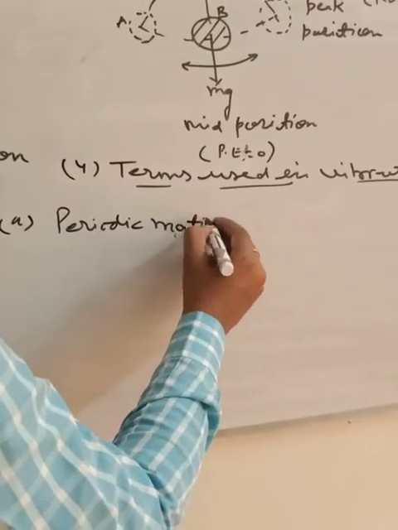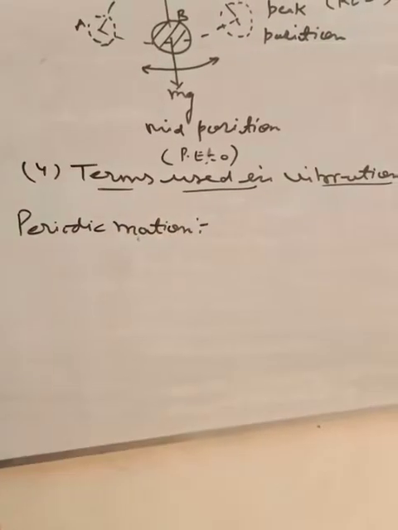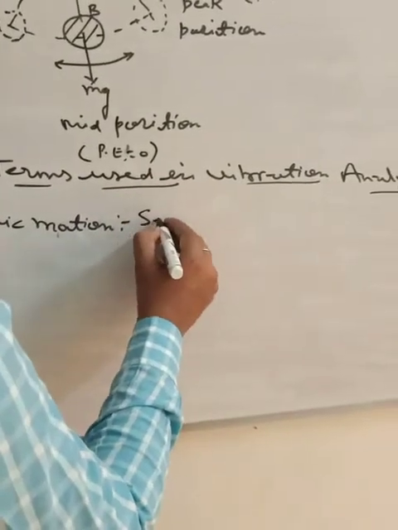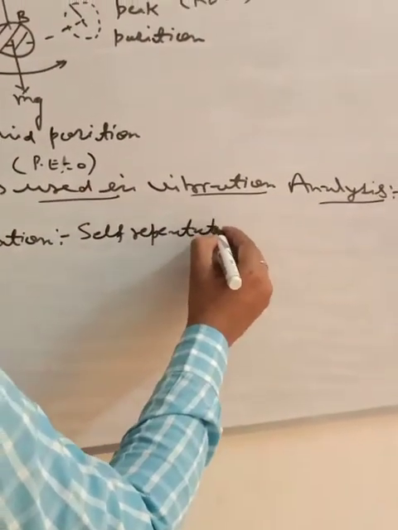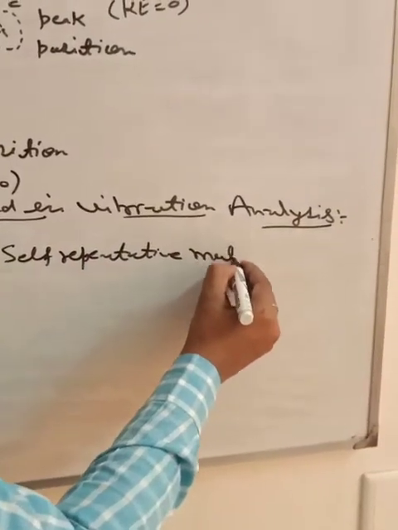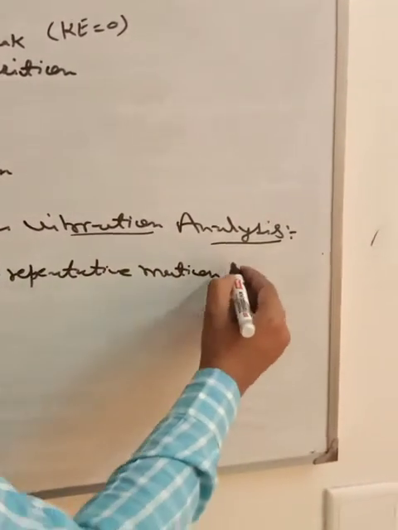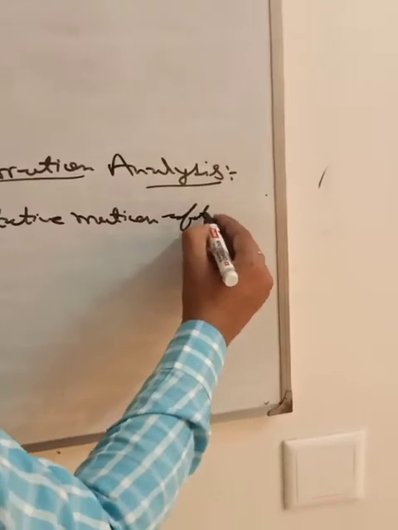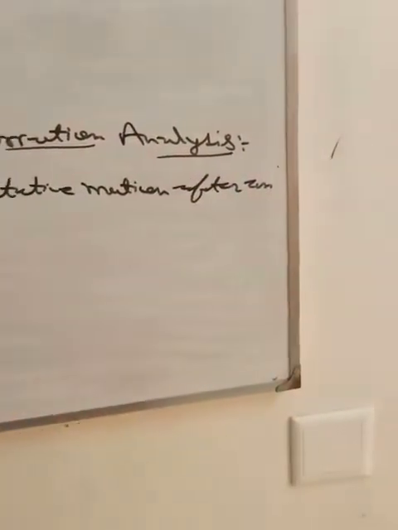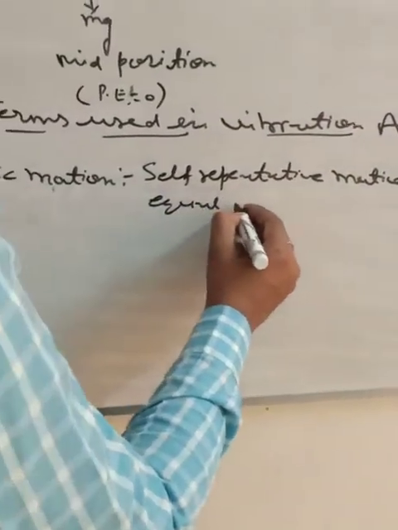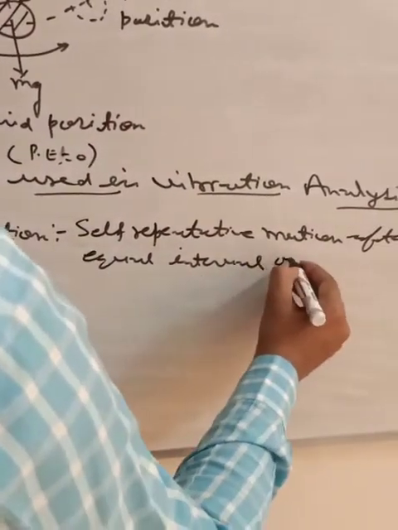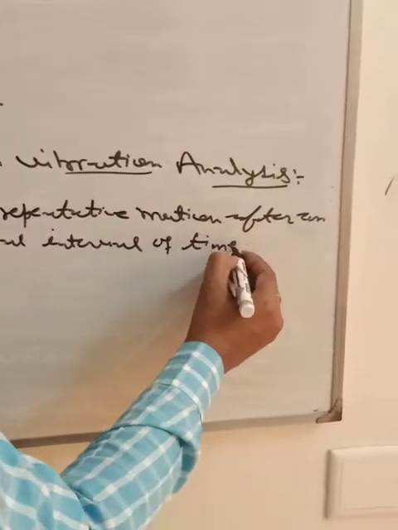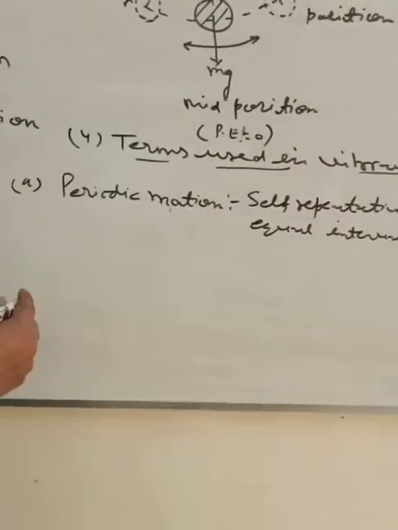Periodic motion: self-repetitive motion after an equal interval of time is known as periodic motion.